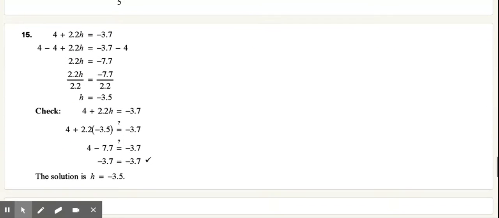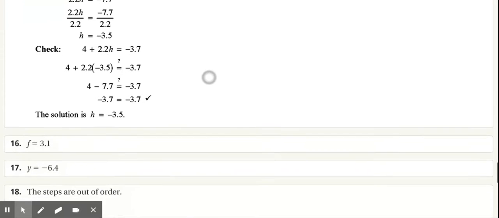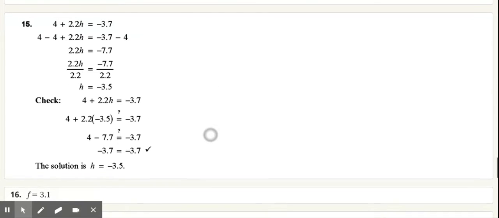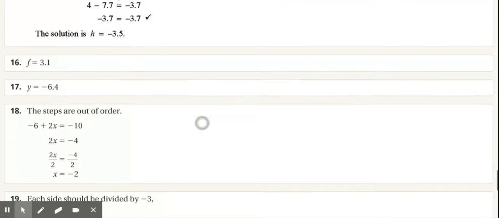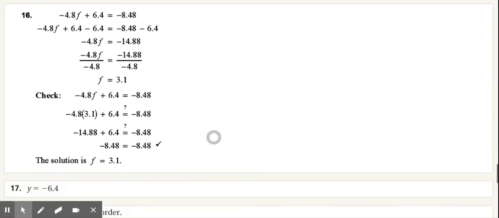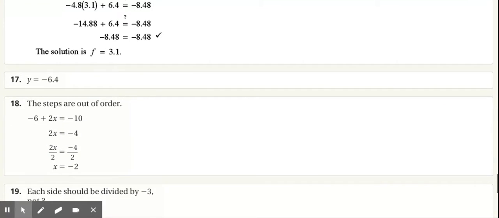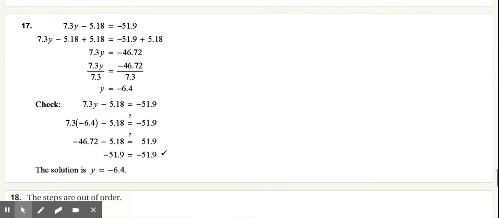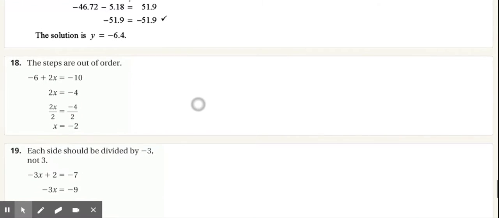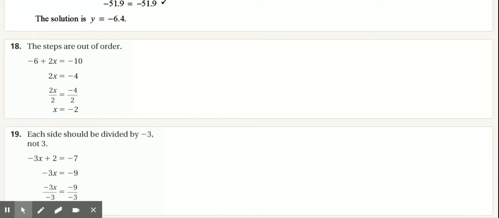For 15, the answer should have been H is -3.5. Pause as needed. For 16, F is 3.1. They're showing the solution, how to work the problem out, and the check. 17, Y is -6.4. 18, the error was that the steps are out of order.